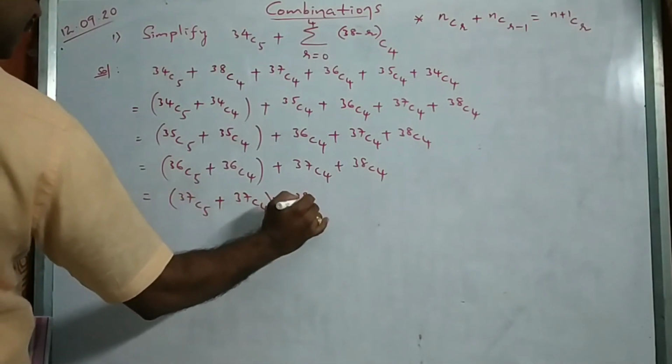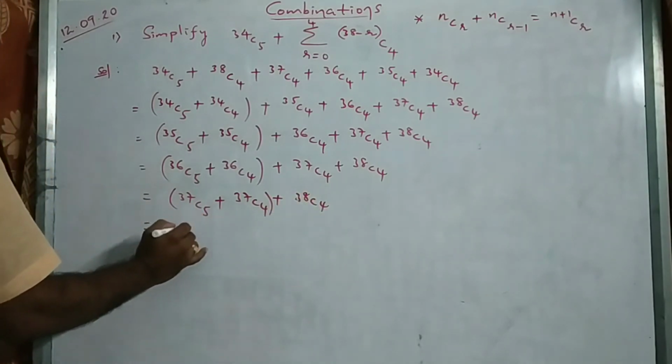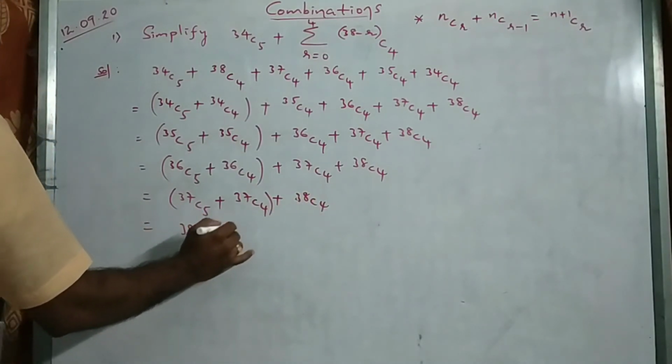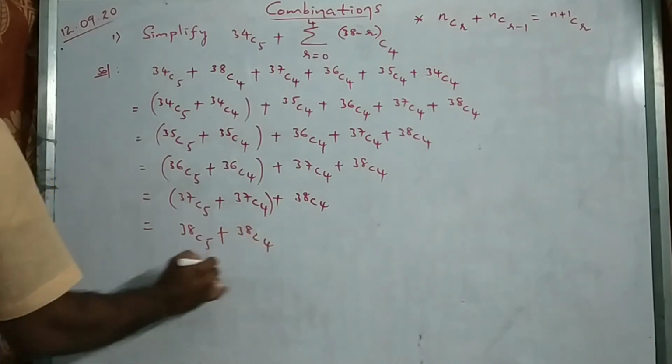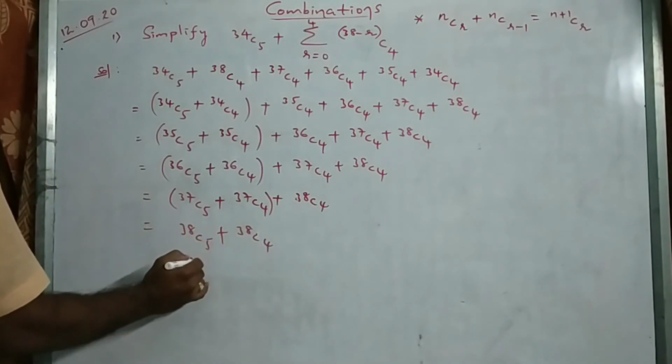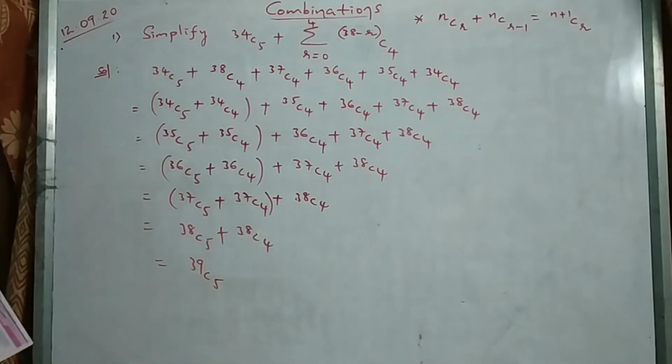Last one is 38C4. Now again this will be 38C5 plus 38C4. Again 38 plus 1, 39C5. That is the answer.